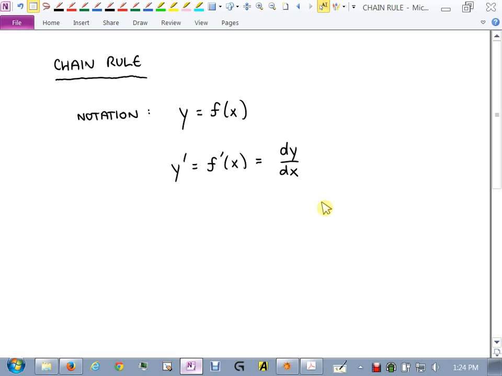And the importance of this notation is that it gives you a little bit more information than this notation does. This notation just says, hey, take the derivative of y, right? Or what's the derivative of y? This one says, what's the derivative of y where x is the variable? This one right here assumes that everyone understands that x is the variable.